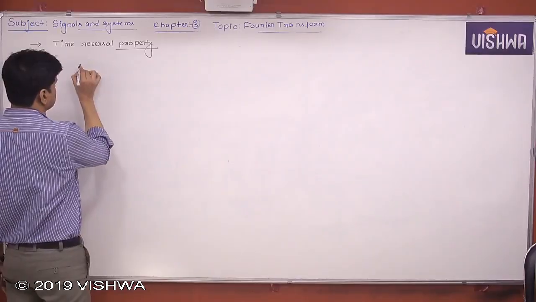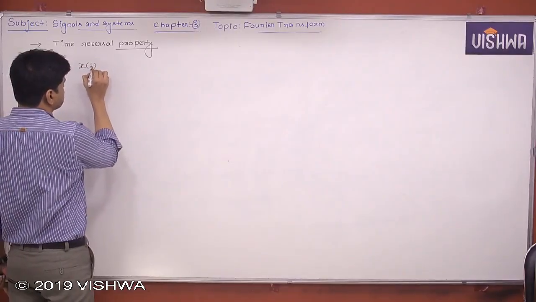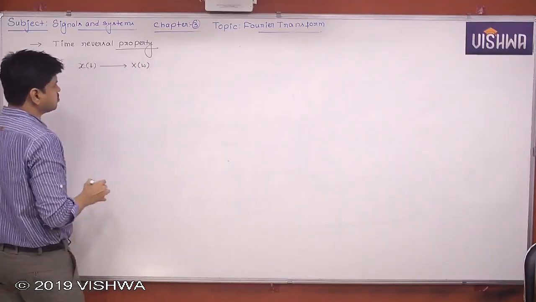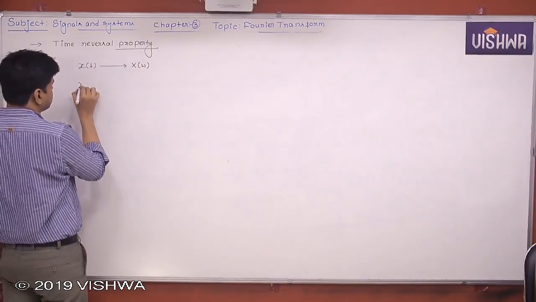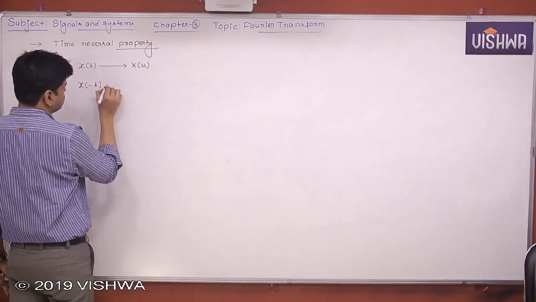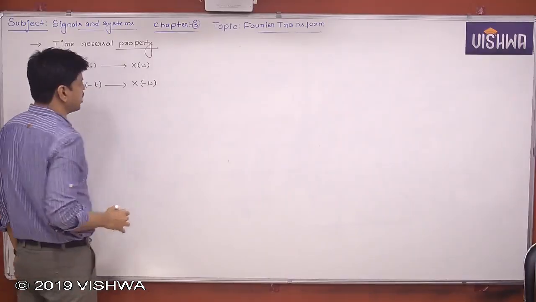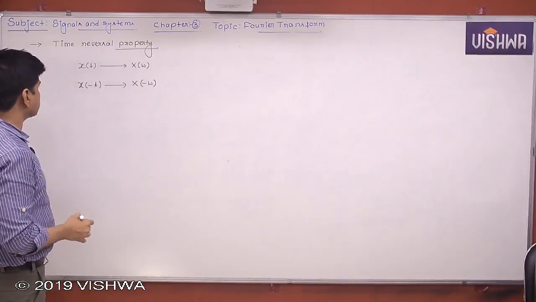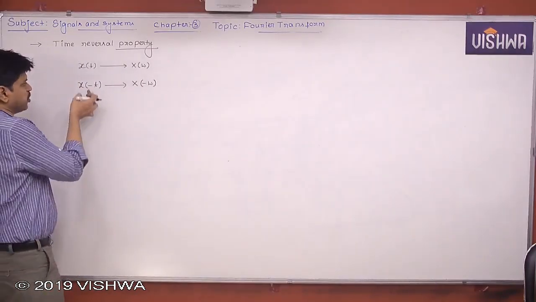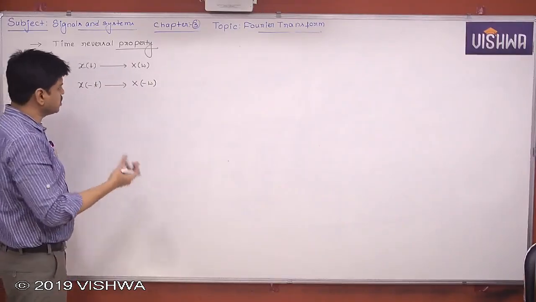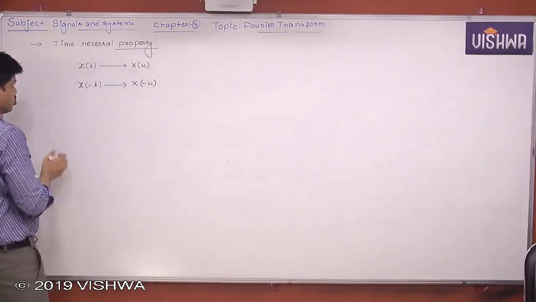Suppose x of t signal has Fourier transform x of omega, then x of minus t signal has Fourier transform x of minus omega. That means if you take a minus sign for t, then omega has to be replaced with minus omega. That is the time reversal property.